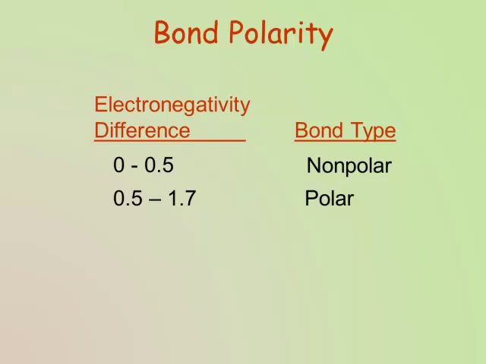Eventually, the electronegativity difference between the atoms is so great that one atom is able to pull the electron entirely off the other atom. What kind of bond does that describe? That's now an ionic bond, because the electrons are no longer shared, they've been fully transferred from one atom to the other.